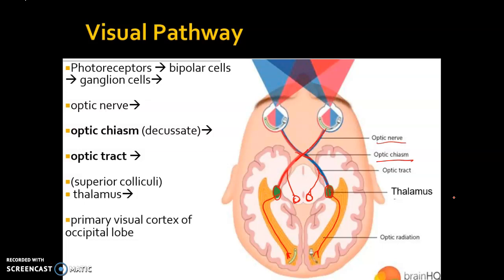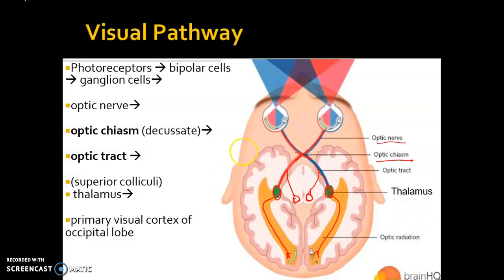Some axons from the optic tract go to the superior colliculi of the mesencephalon, and some axons project to the thalamus. From the thalamus, ultimately, the visual information goes to the primary visual cortex of the occipital lobe of the brain in order to process that visual information.